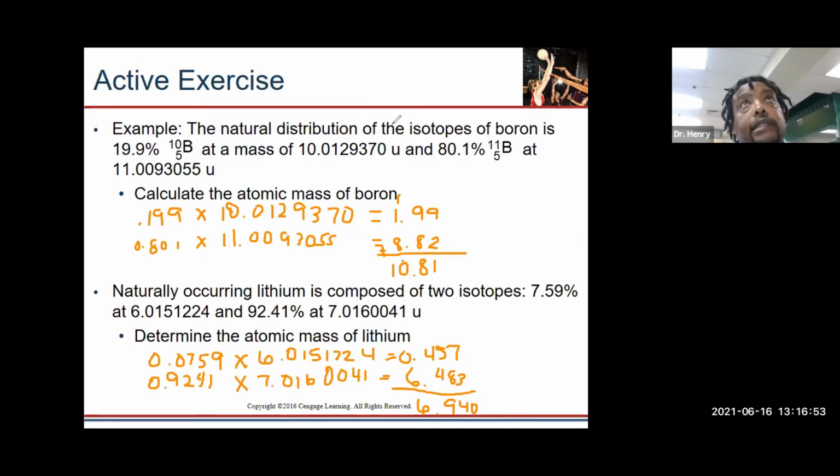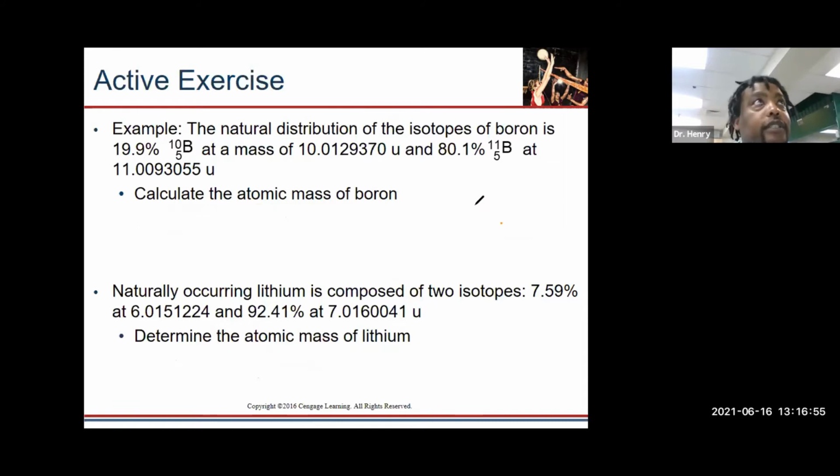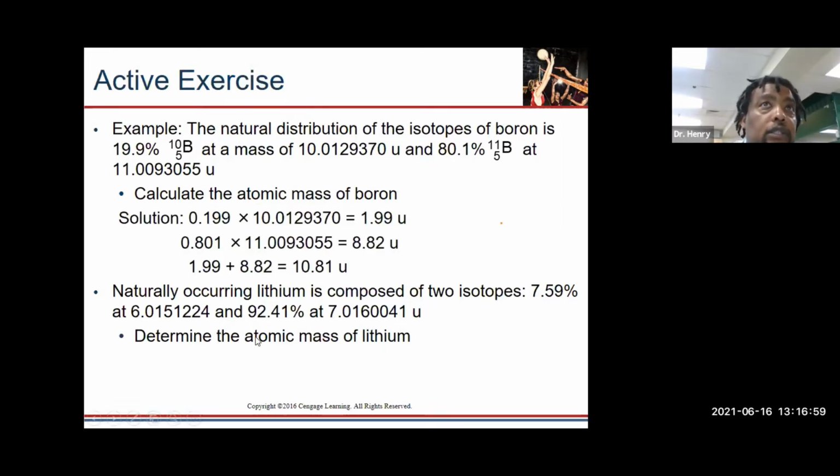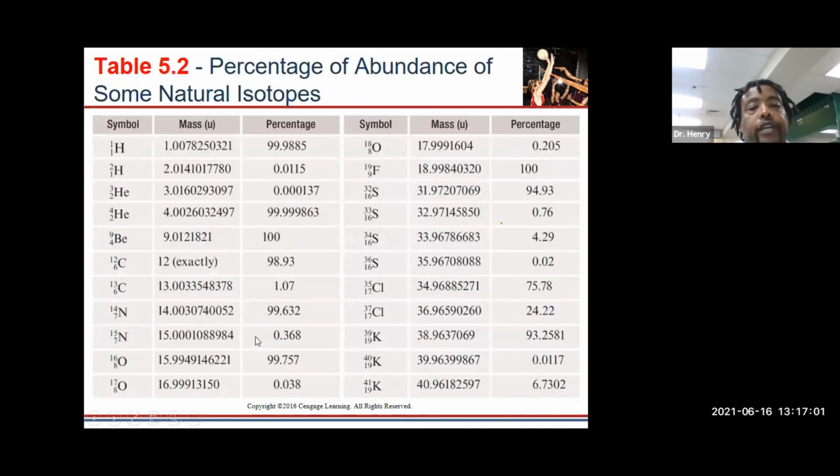Let's move forward. Here's an example. We have all of these different isotopes that exist. For hydrogen, these are the two most abundant isotopes. Technically there's three, but these are the two most abundant: hydrogen 1 and hydrogen 2.